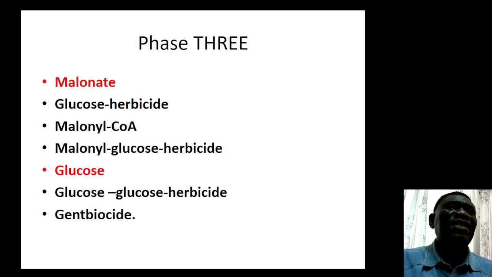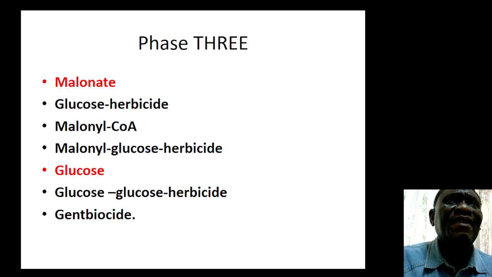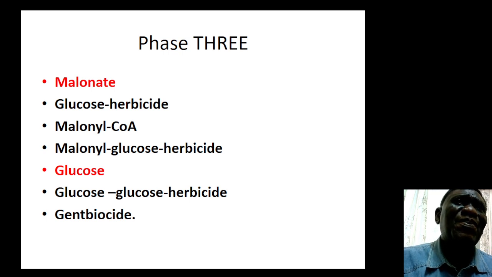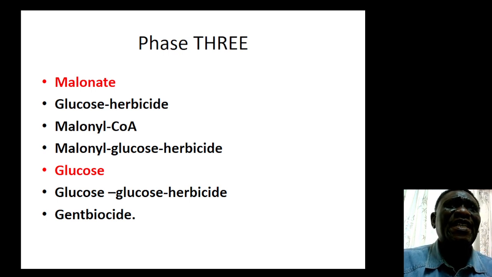So this should complete the phase 3. So you can see that the plants are quite equipped at the physiological level of dealing with herbicides. And of course, some plants end up being killed, especially weeds, whereas crops may survive these herbicides.